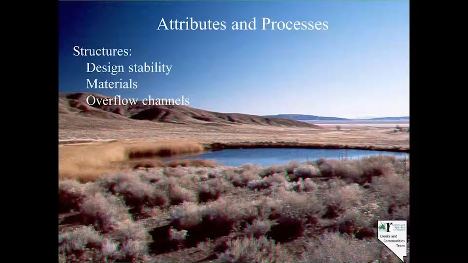So we've created this artificial wetland, but just because it's artificial doesn't mean that it's not providing some function and providing some habitat and some wildlife values and things like that. So that then becomes a question that if we want to maintain that, then we need to look at the stability of the structure that's creating that.